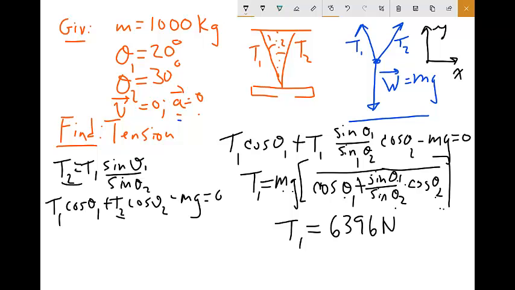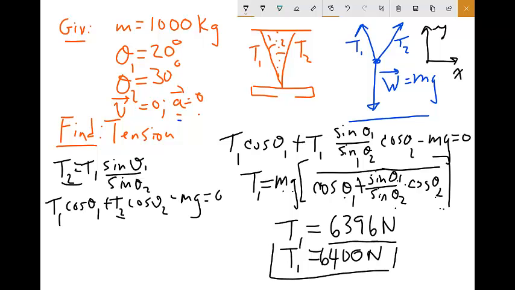However, we were given all of our numbers to 3 significant figures, so this figure is not significant. So the proper way to write this would be 6,400 newtons, 6.4 kilonewtons. Okay, there we go. So that's one of ours.